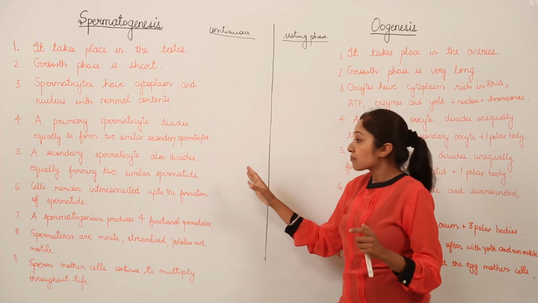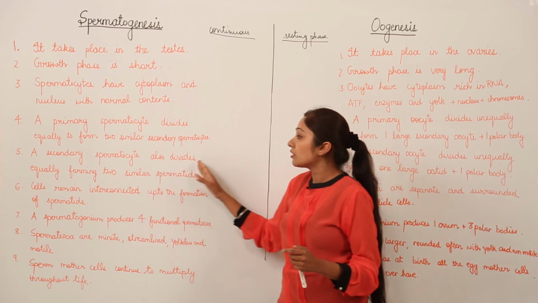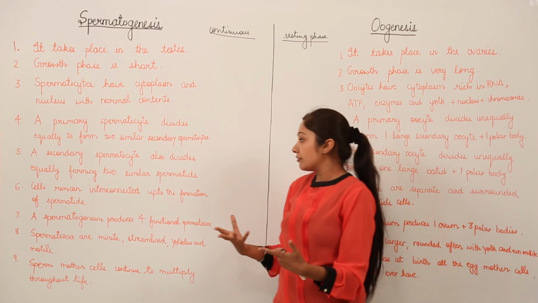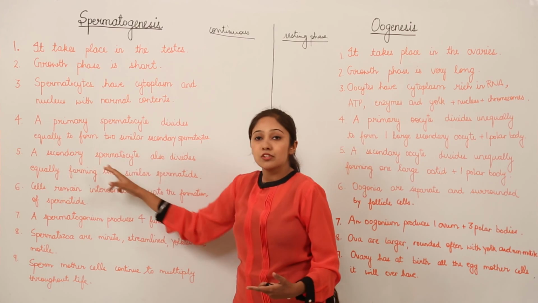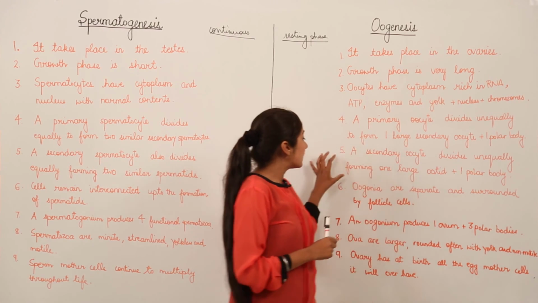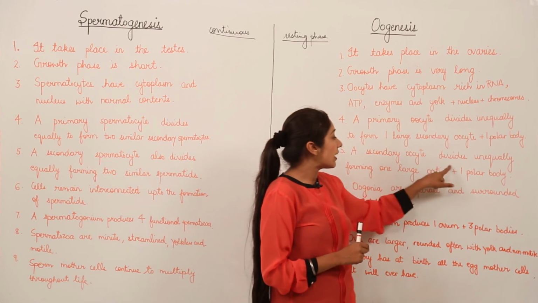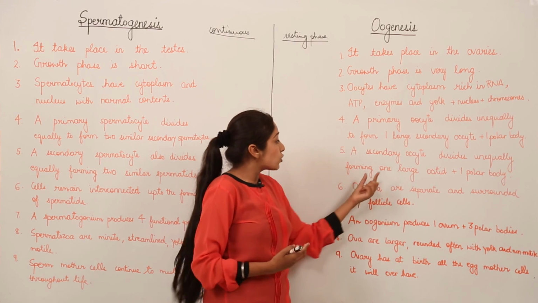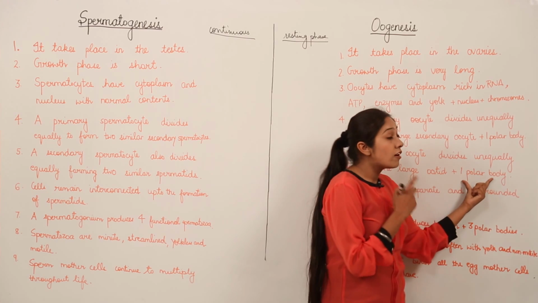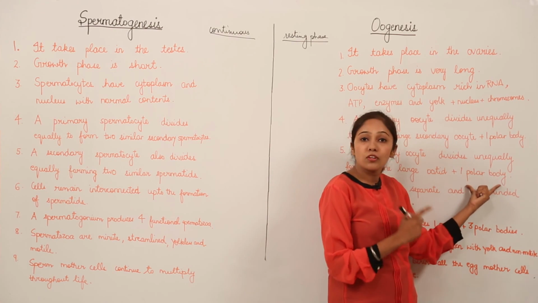Next, fifth point, a secondary spermatocyte also divides equally, forming two similar spermatids. Again, there is equal division. But in this case, a secondary oocyte divides unequally again to form one large ootid which is functional, but one non-functional minute polar body.